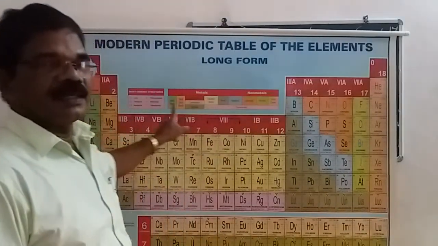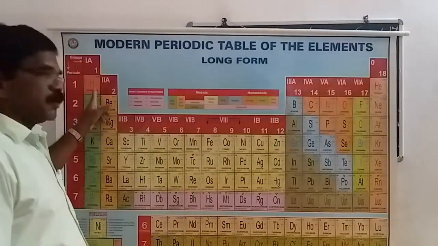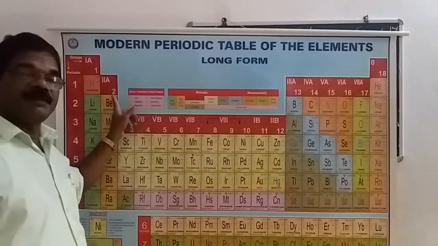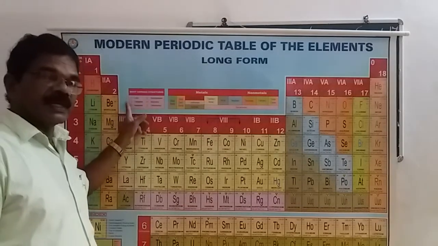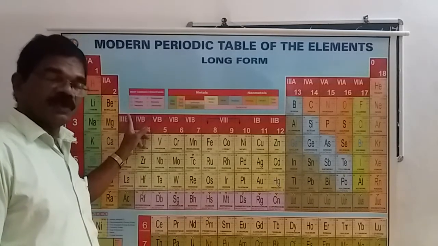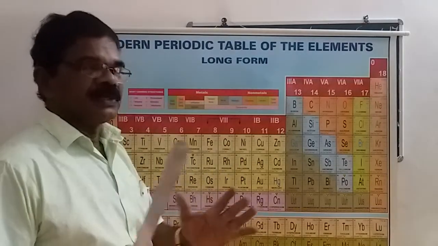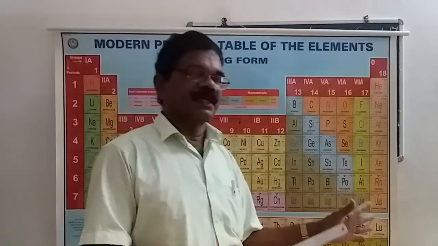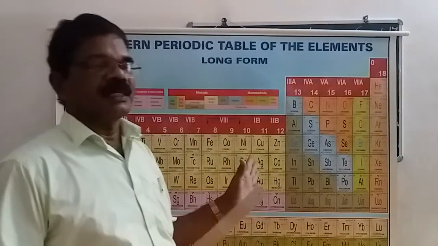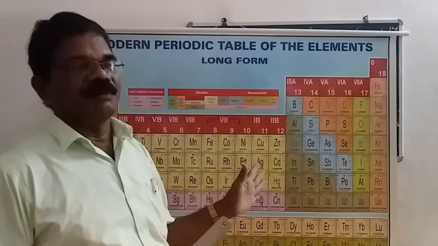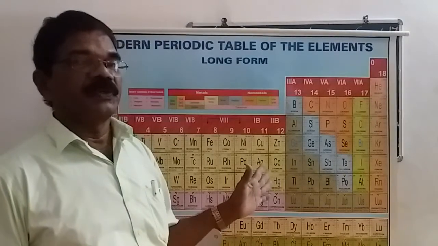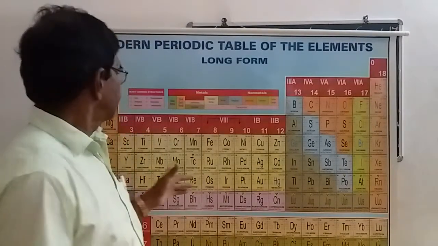The second thing we studied is atomic radii. Atomic radii means the distance from the center of the nucleus to the outermost shell. How does the atomic radii, that is the size, vary among groups and periods?